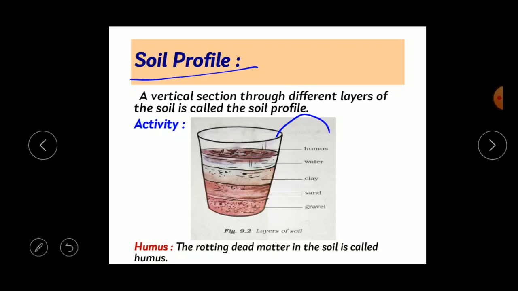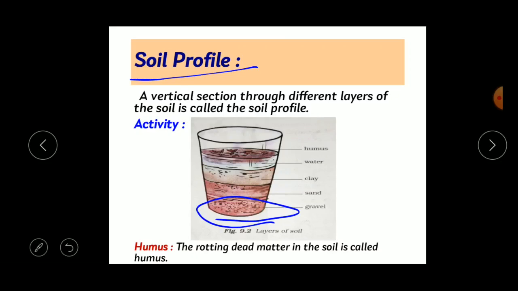Now after some time, what are the things you will observe in this glass? Yes, you may observe layers of particles of different sizes in the glass tumbler. You will find that the gravels will settle down in the tumbler because they are very heavy.